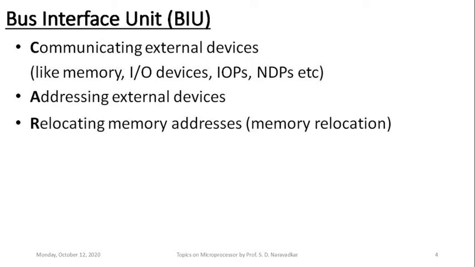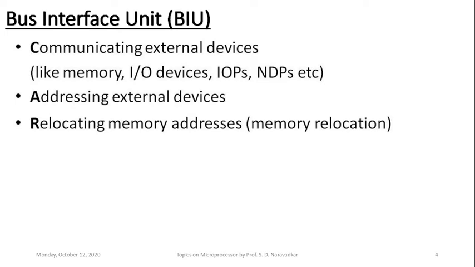Then the third function is relocating memory addresses, that is memory relocation. Sometimes it is essential to relocate the contents of one section of memory to another section of memory by generating successive memory addresses and sending out those addresses to external devices.